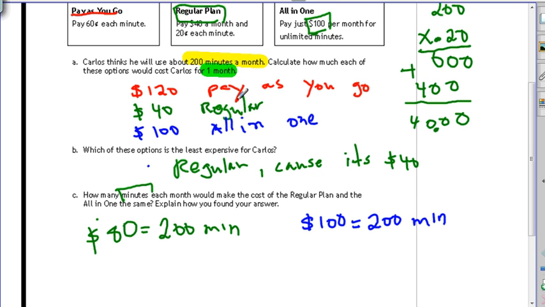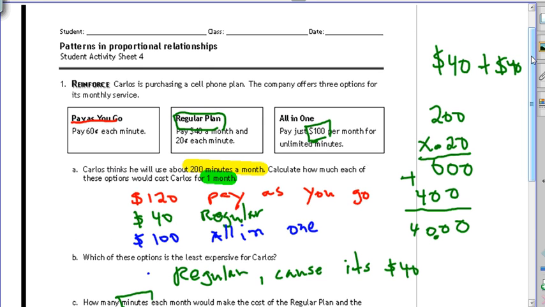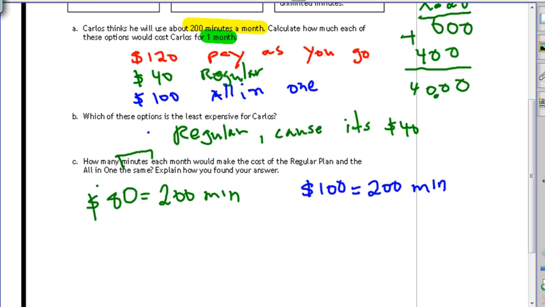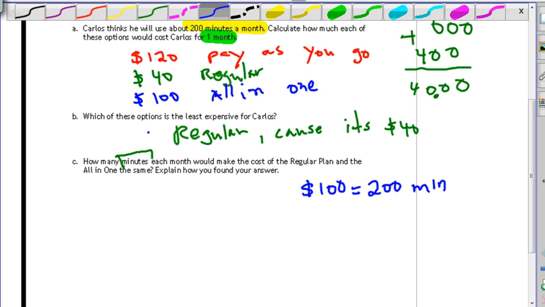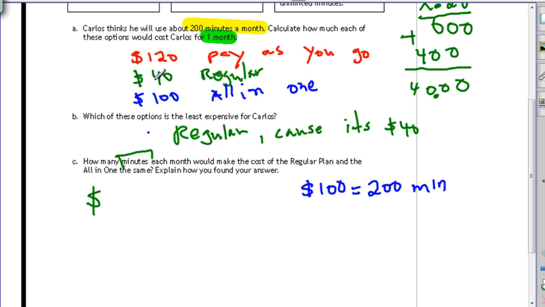So here's what I'm going to do. All right. What I'm going to do is this. The double 40 is 80, and that would mean I get 200 minutes. 200 minutes.